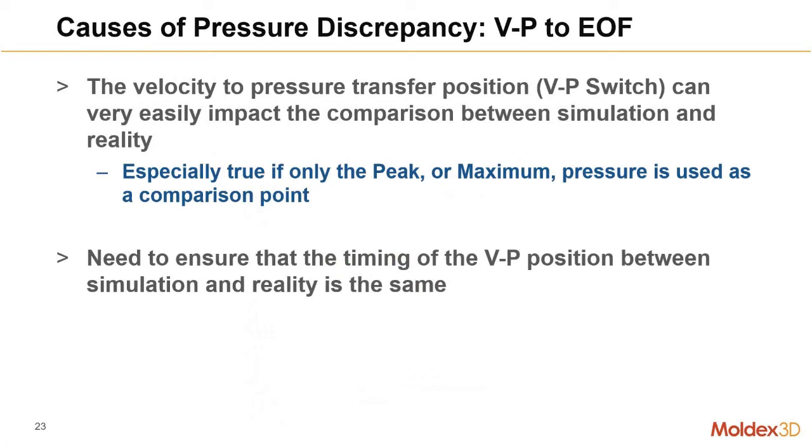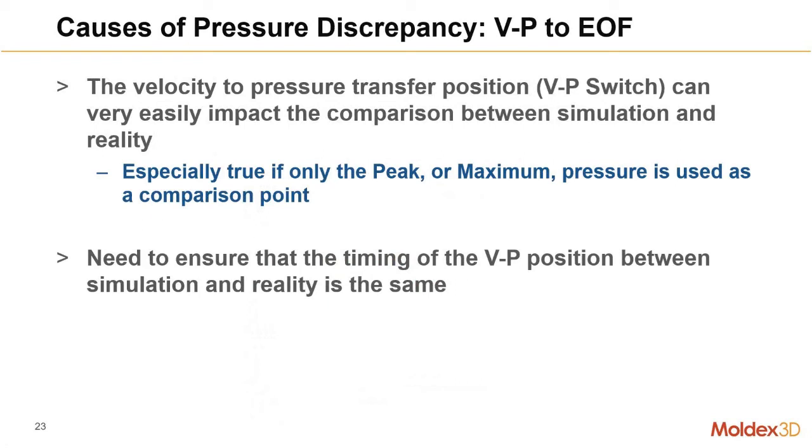So whenever you're trying to correlate the sprue pressure, it's better to use the other processing method, which we call machine mode. Machine mode allows you to specify a position for the switchover, and that position can be correlated directly to what's happening in reality. So that's a very important discrepancy that we see in a lot of simulations.